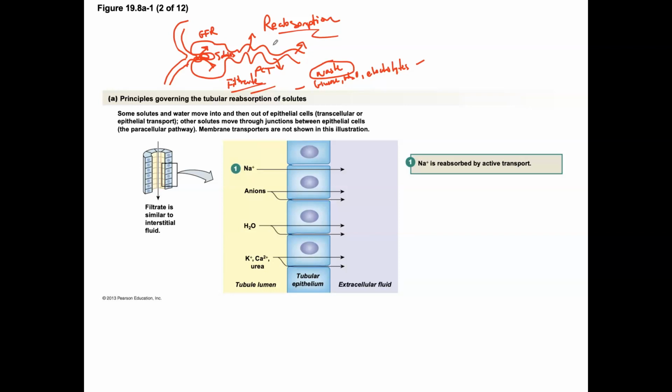So oftentimes people ask, why not just filter out the 1% of waste material that needs to be eliminated? And really there's two reasons why the kidneys work the way that they do.